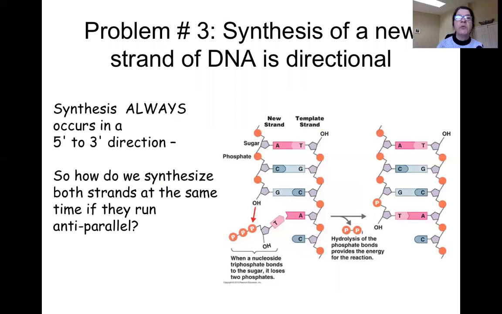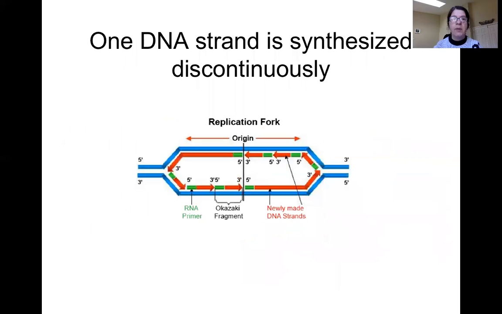The synthesis of a new strand of DNA is directional. It occurs in a 5' to 3' direction. So how do we synthesize both strands at the same time if they run in opposite directions? Okay, how do we do that? That's a problem. Well, that problem is solved the following way.